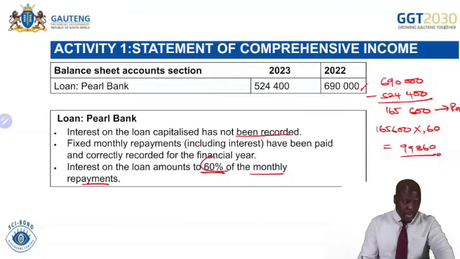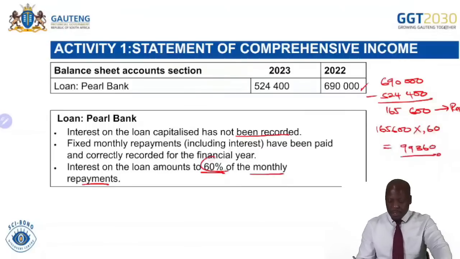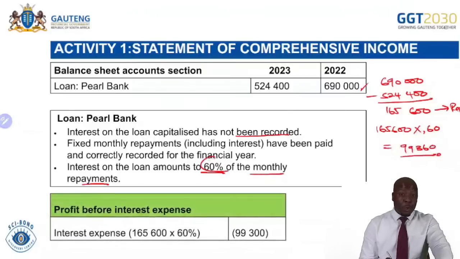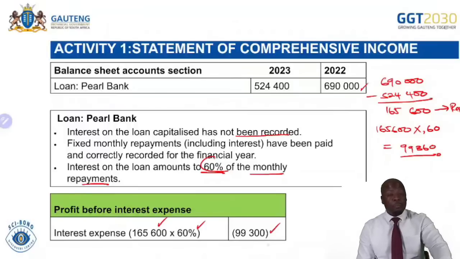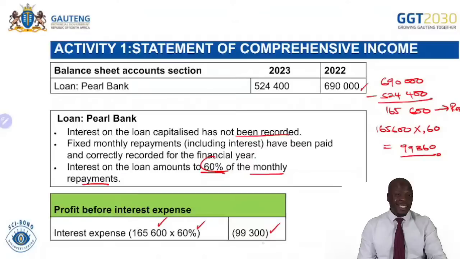That therefore becomes my interest expense. Where do we show it? We come now to our statement of comprehensive income. We have our profit before interest expense. We bring interest expense, 165.6 times the 60%, 99.3. Remember to put your interest expense in brackets.